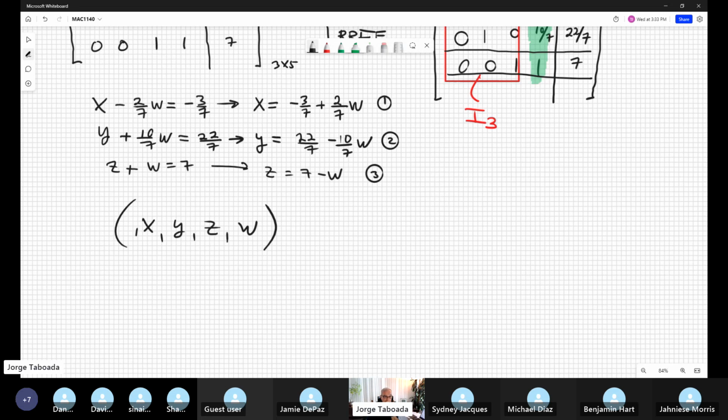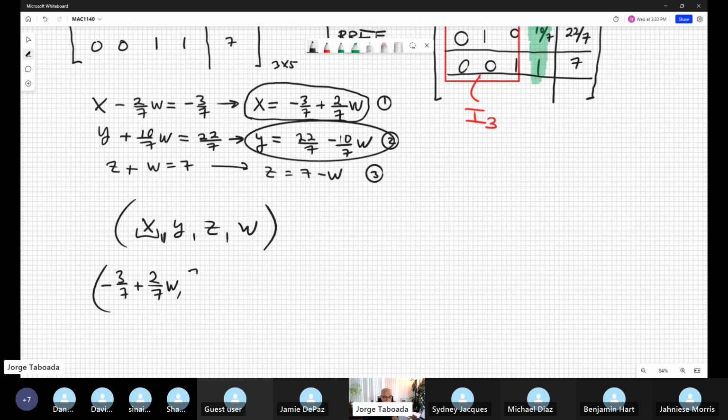In the place of X, I write this, which is minus 3 over 7 plus 2 over 7 W, comma, Y is this expression, 22 over 7 minus 10 over 7 W, comma, and Z is 7 minus W, comma, and who is W?